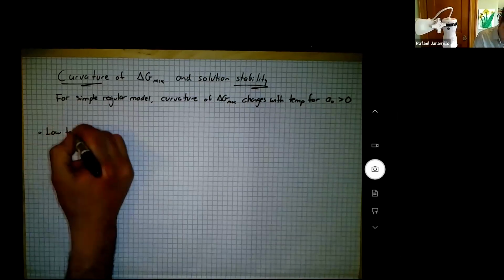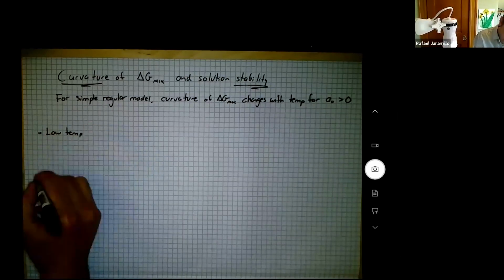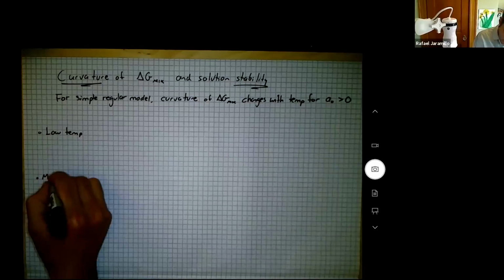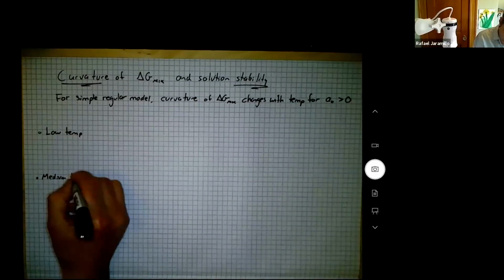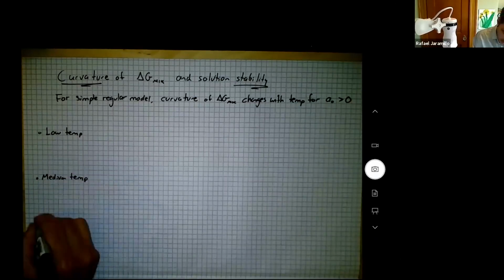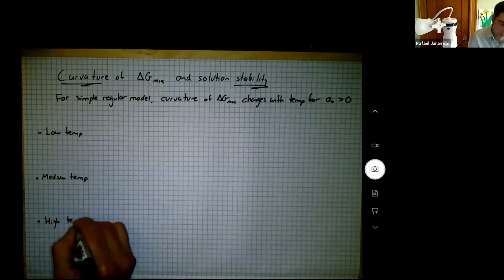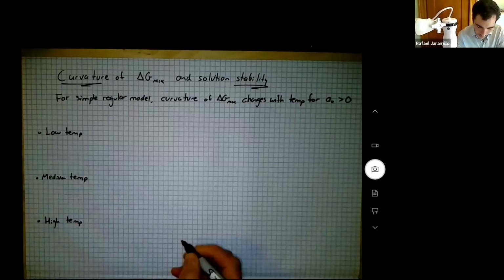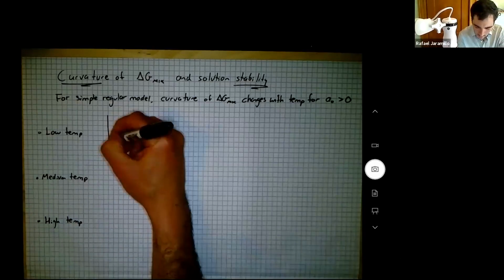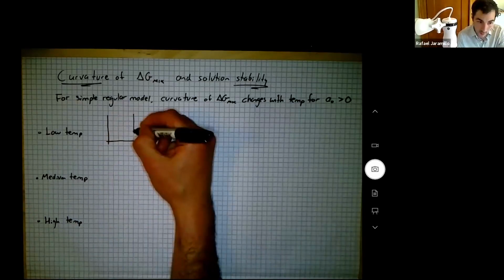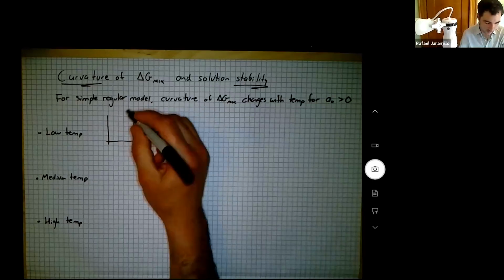At low temp, medium temp, and high temp. So at low temp, we have delta G, I'll use some colors here.